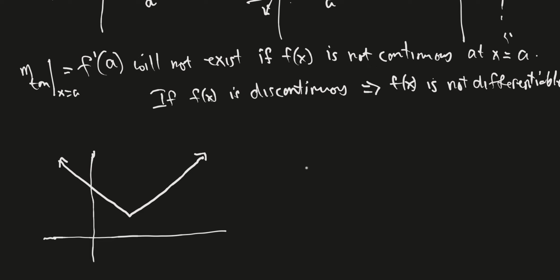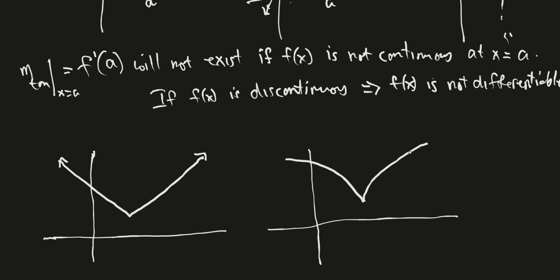And then you have some functions like x to the 2/3 or something like that, that might look something like this, where they're not piecewise linear, but then they come to a sharp corner right here, right? So you have these functions that look like this.